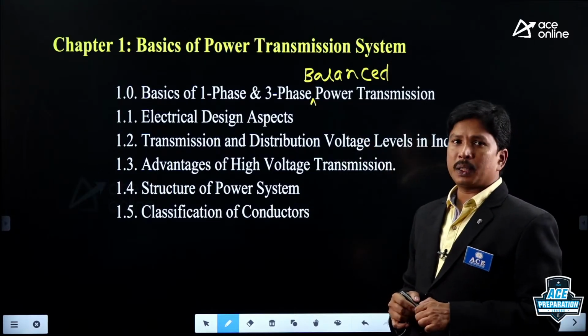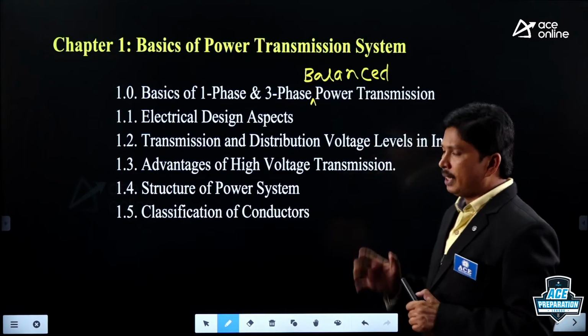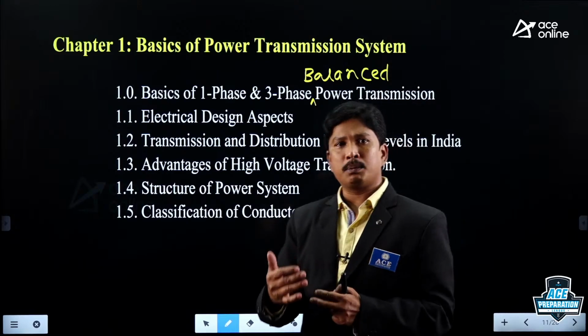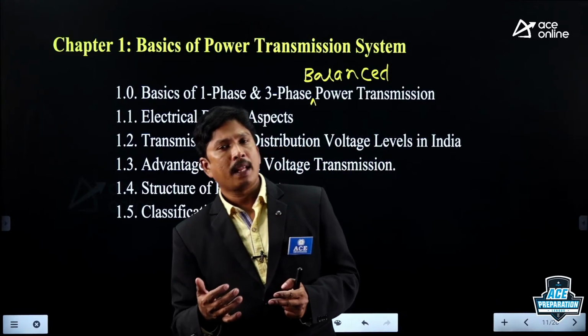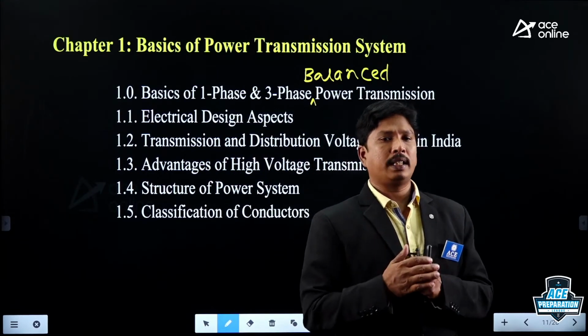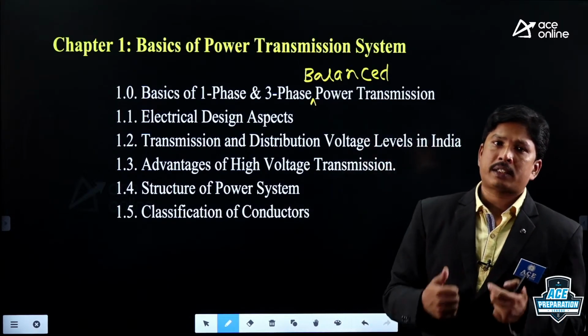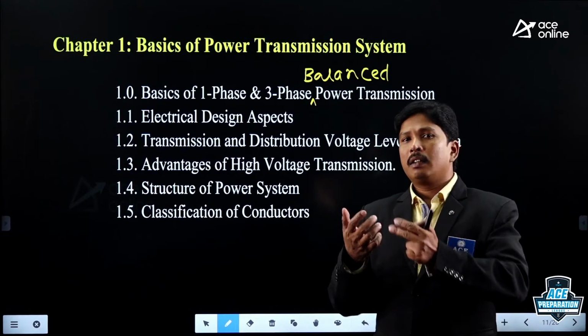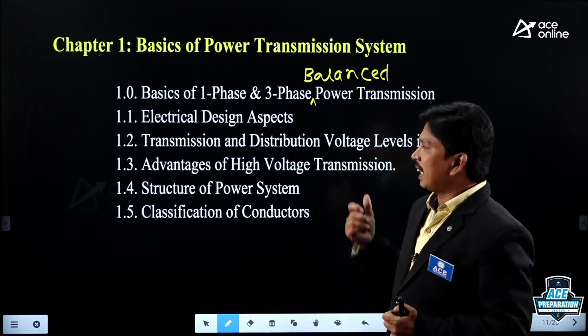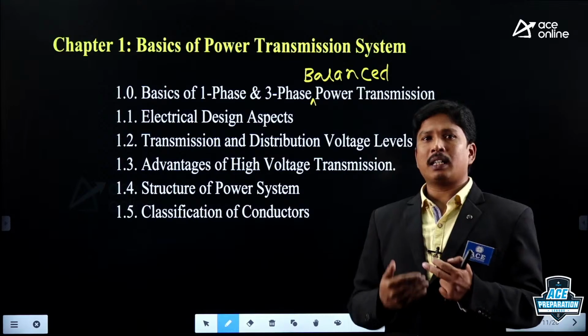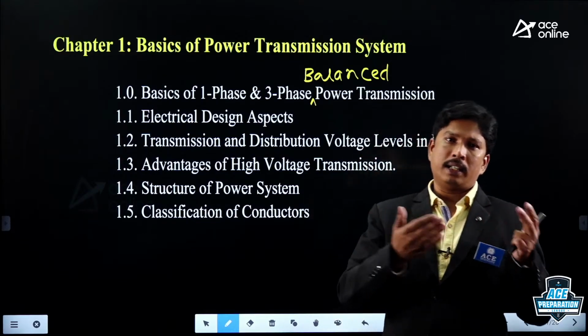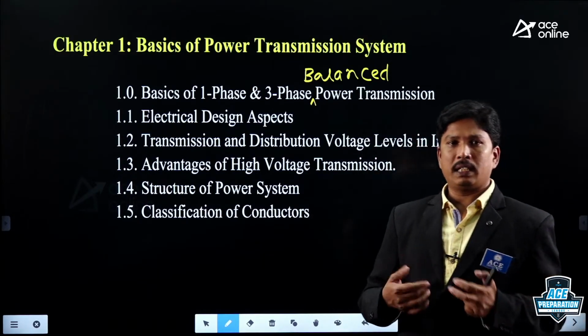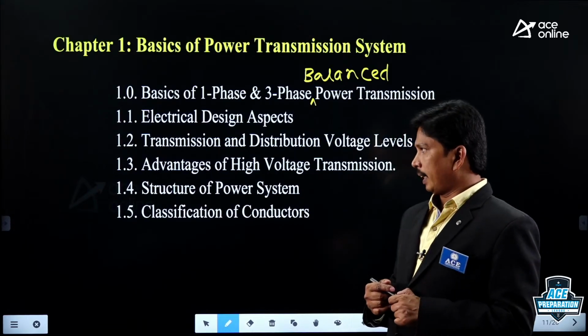And coming to the next one, the transmission and distribution voltage levels in India. So what are the possible voltage levels in India? From where to where? What are the high voltages? What are the extra high voltages? MEHV, modern extra high voltages, and what are the ultra high voltage levels in the transmission part? And in distribution, what are the primary distribution and secondary distribution voltage levels we are going to see in that category.